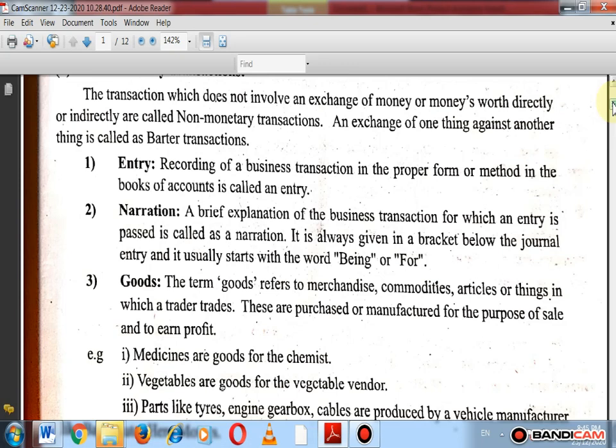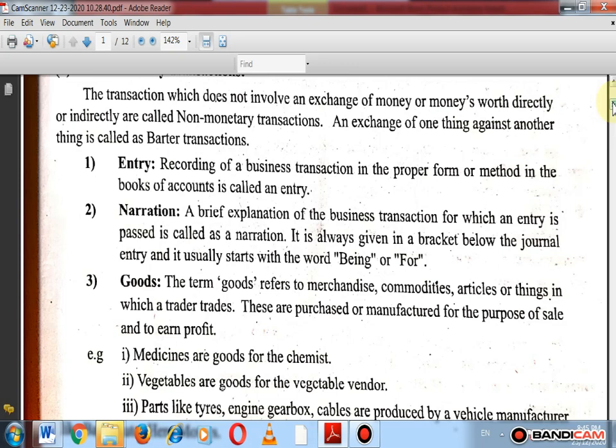The second one is narration. Narration means a brief explanation of the business transaction for which an entry is passed. It is always given in brackets below the journal entry and it usually starts with the word being or for.